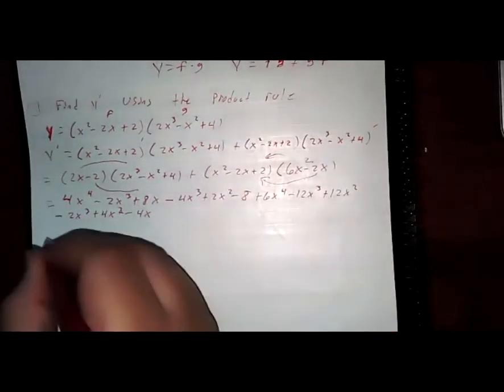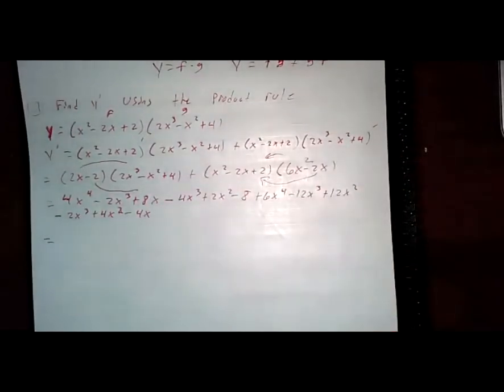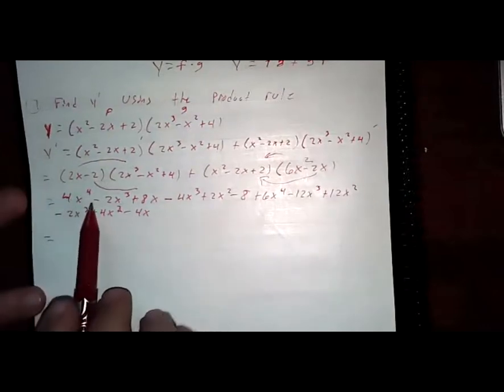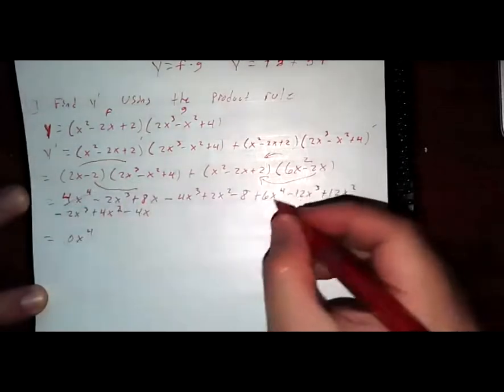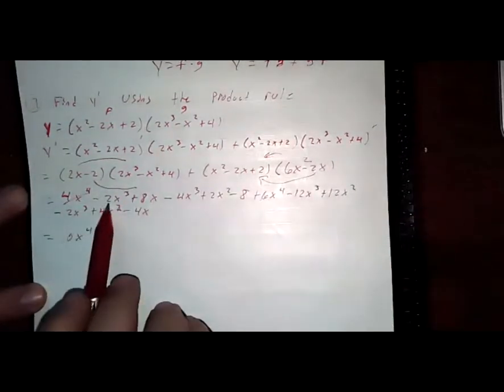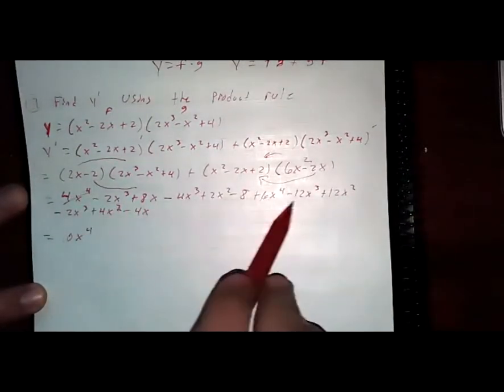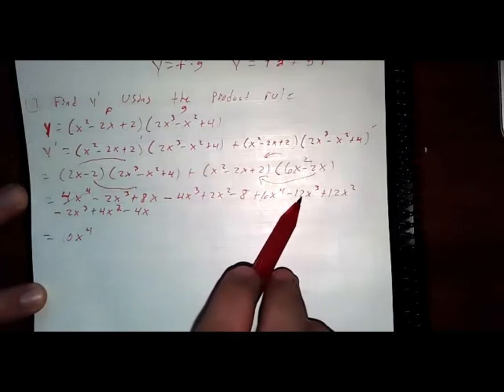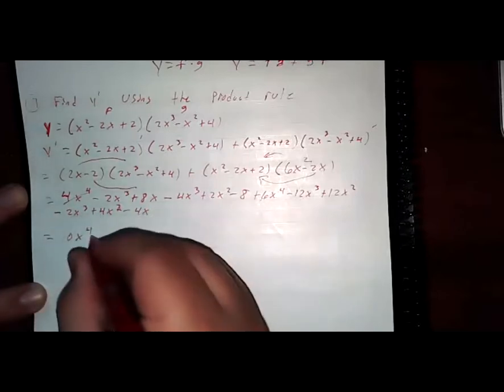Okay. So combine all this nonsense. So 4th power is only 2 of them. 4 and 4, or 4 and 6 is going to be 10. So let me get rid of my 4th powers. Cubes, so minus 2 minus 4 minus 12 is minus 18 minus 2 more, 20. There's all the cubes.